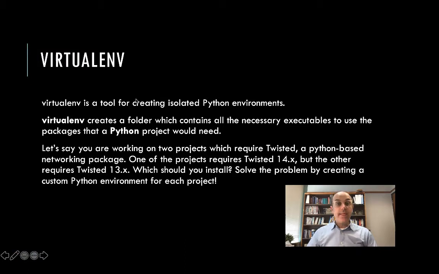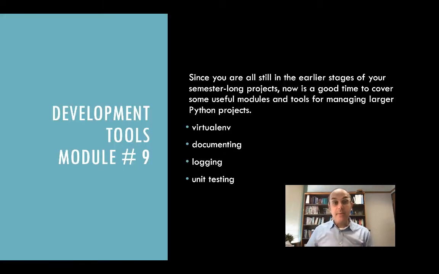Let's start with the first thing that we are going to talk about. It is called virtualenv. Then we will see documentation, and then logging, and the last part is unit testing. All of it is part of what is required of us as an open source community to provide, in order for other people that will share our application to be able to do that.